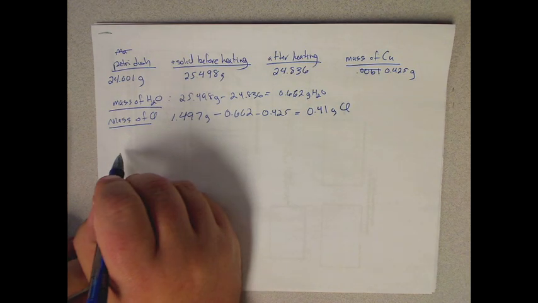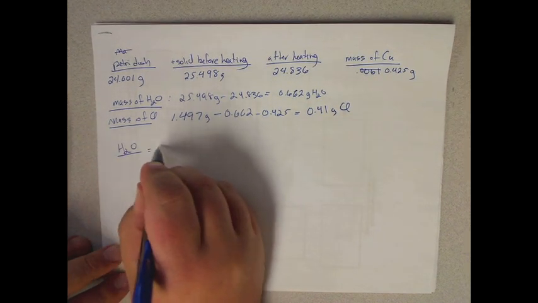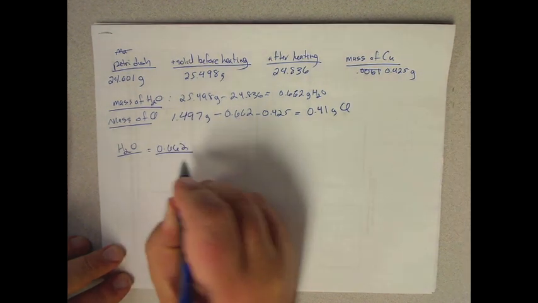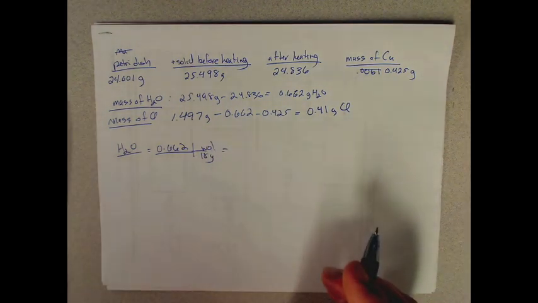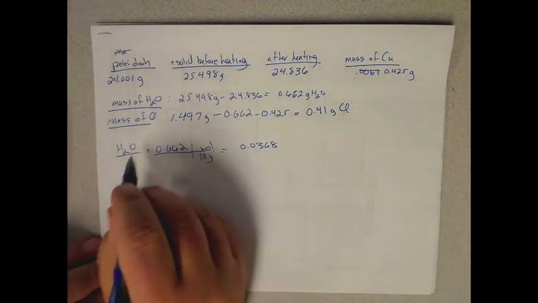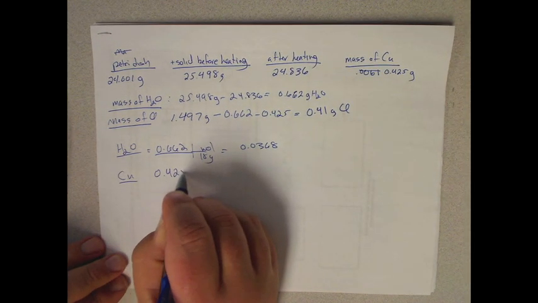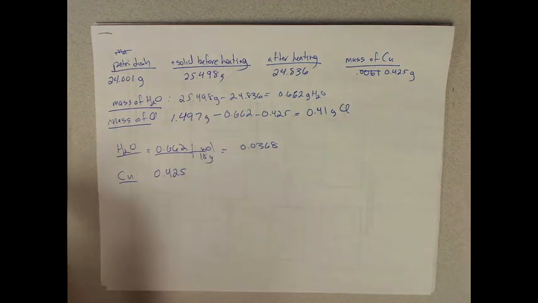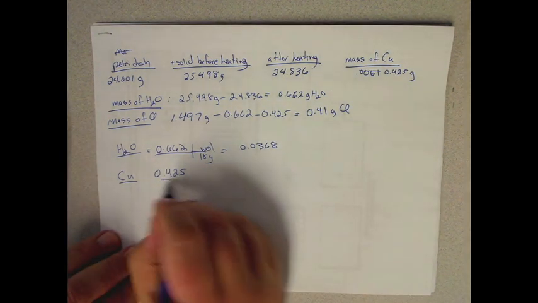Okay, so now we can get our molar ratios. So for water, let's do water first. Water equals 0.662 divided by 18 grams per mole, and that equals 0.0368. The mass of copper then is 0.425 divided by the atomic mass of copper, which is 63.5.